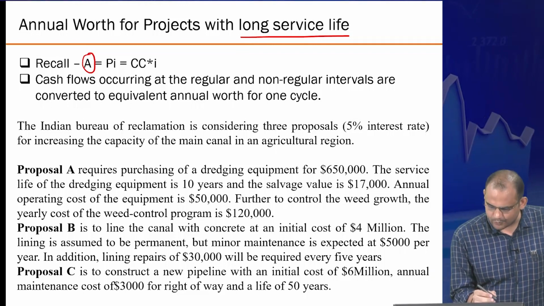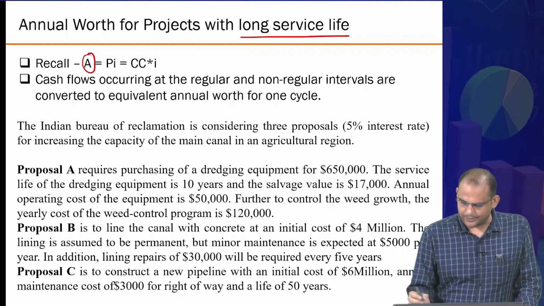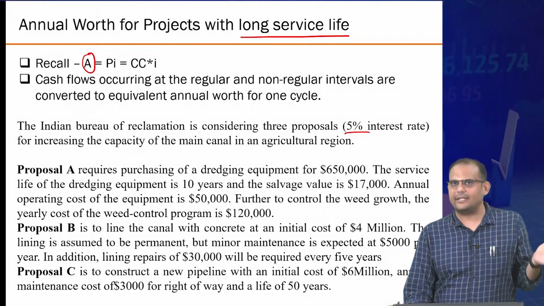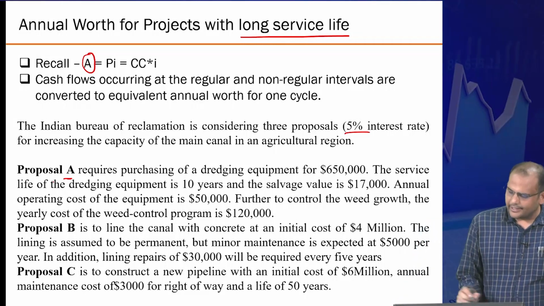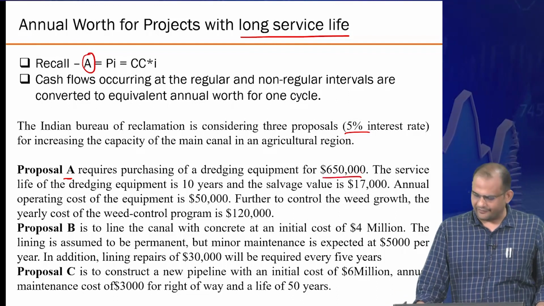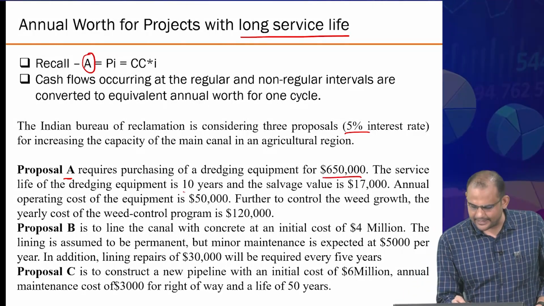So let's say the Indian Bureau of Reclamation is considering 3 proposals. 5% is your interest rate for increasing the capacity of the main canal in an agricultural region, right? Proposal A requires purchasing dredging equipment which costs 650,000. The service life of the dredging equipment is 10 years.